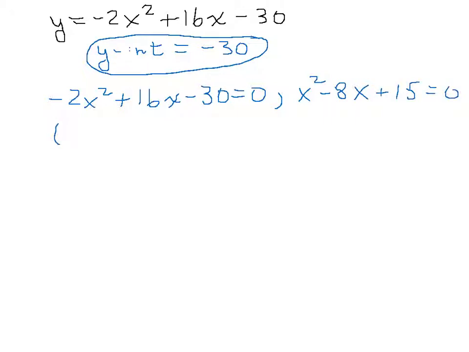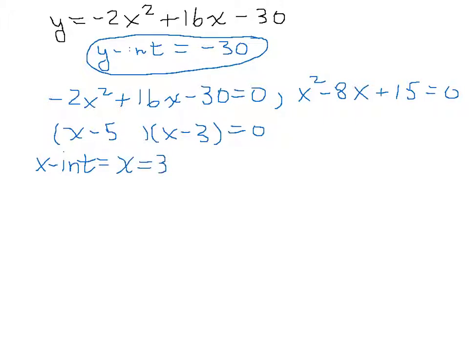And that has a chance of factoring, doesn't it? x minus 5, x minus 3. So the x-intercepts, or the roots, or the zeros, are x is equal to 3 and 5.